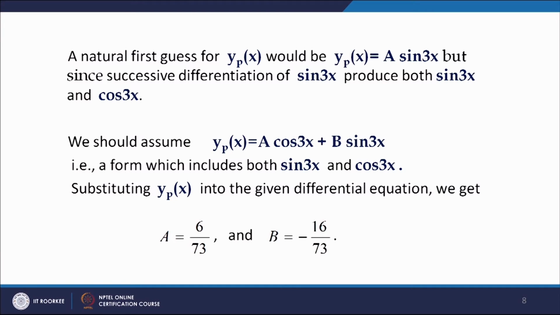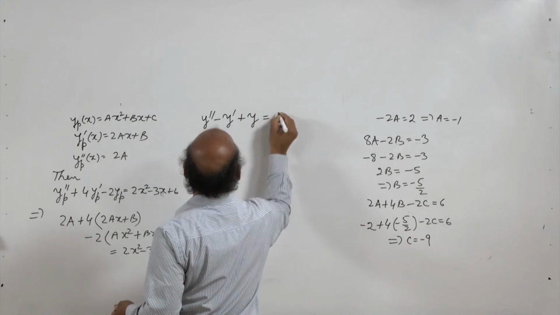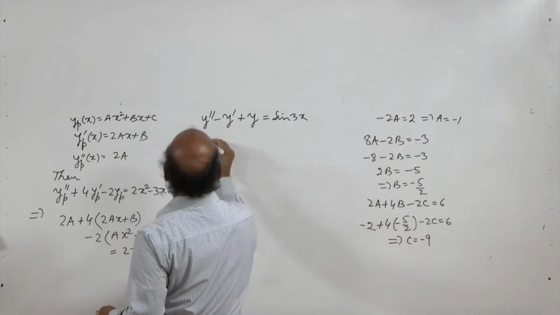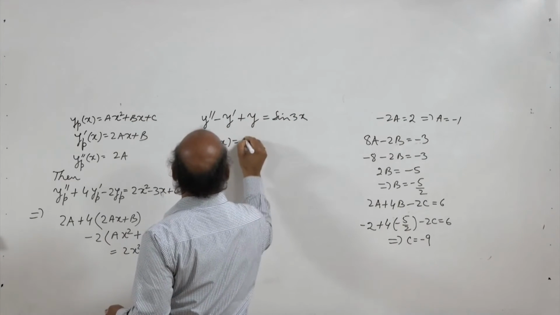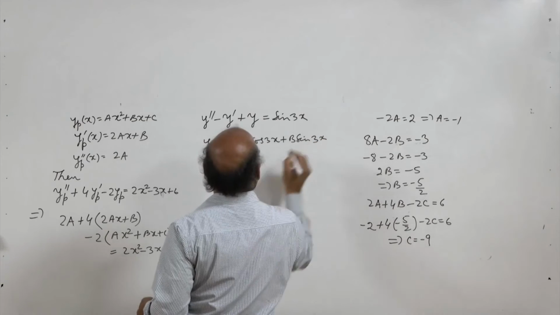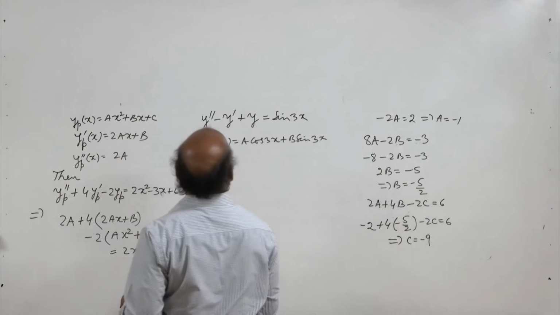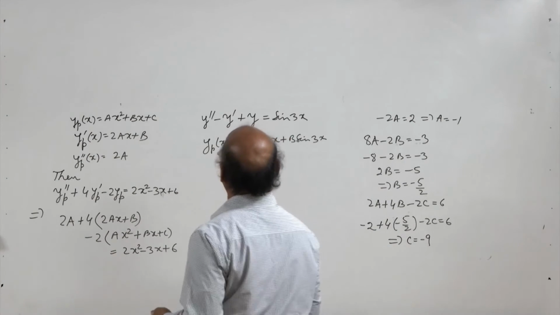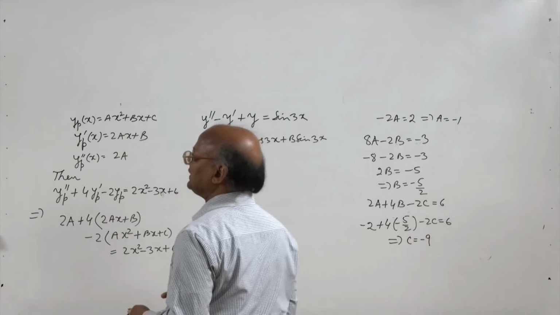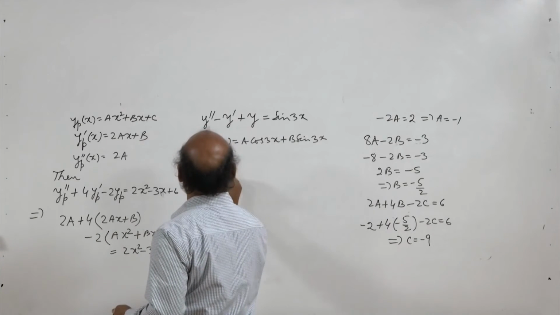Now, you substitute this y_p(x) in the given differential equation. The given differential equation is y double dash minus y dash plus y equal to sin 3x. So, if you take y_p(x) equal to a cos 3x plus b sin 3x and put it in the given differential equation, on equating the coefficients of sin 3x and cos 3x both sides, we shall get a to be 6 by 73 and b to be minus 16 by 73. So, we can find y_p dash x here.